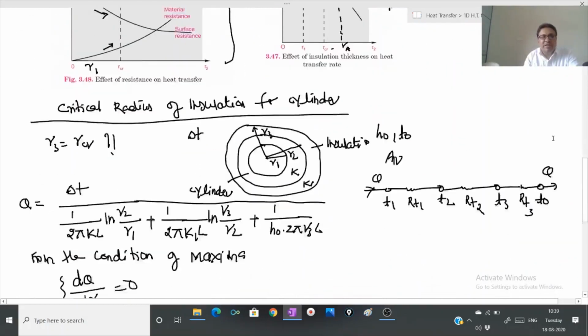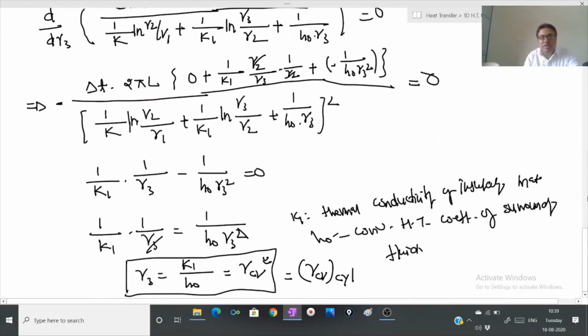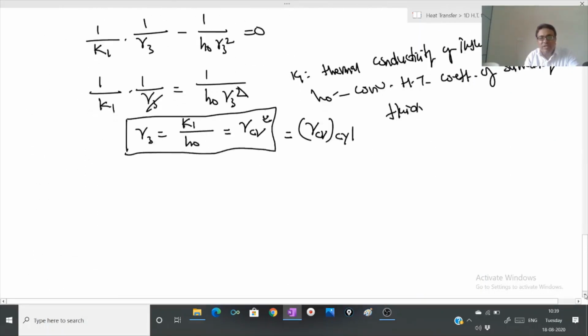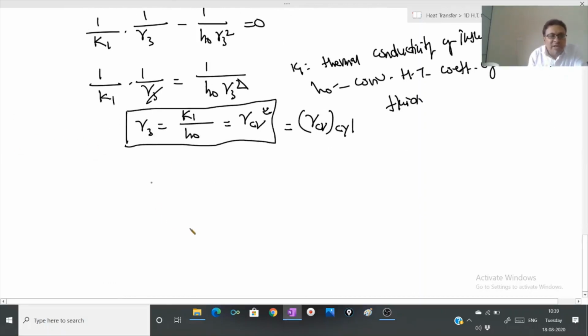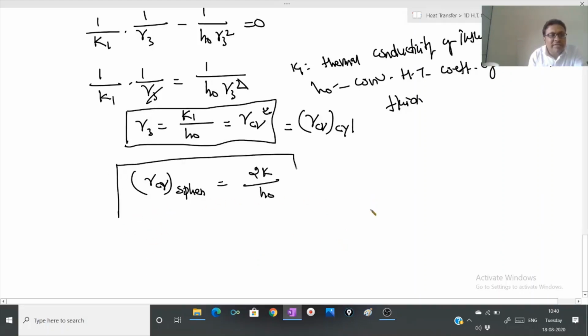In a similar fashion, you can also calculate the critical radius of insulation for a sphere. I am not deriving it, rather I am directly writing it. R critical for a spherical surface comes out to be 2k upon h0, where k is the thermal conductivity of insulating material and h0 is the convective heat transfer coefficient of surrounding air.